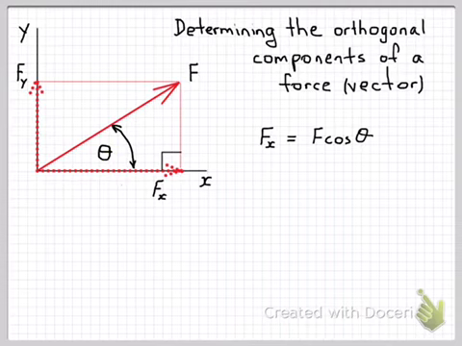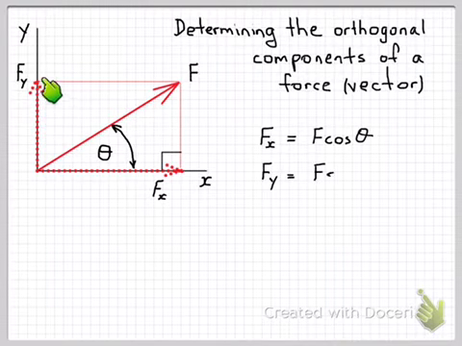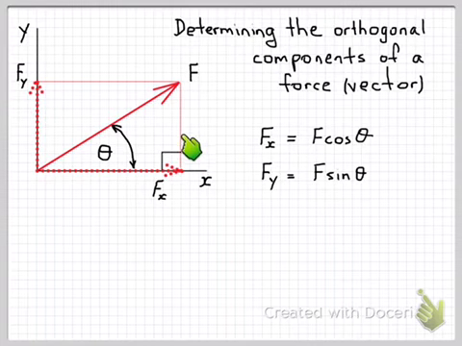So F cos theta will give us our vector component in the x direction, Fx. And then we can do the same thing for the y direction. So Fy here, that's this opposite side of the triangle. So that force Fy will be F sine theta.